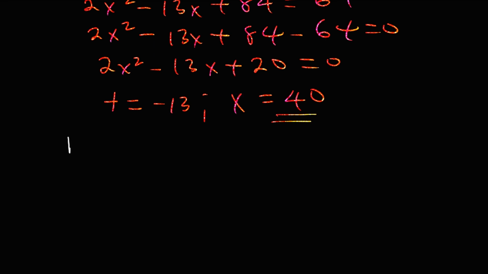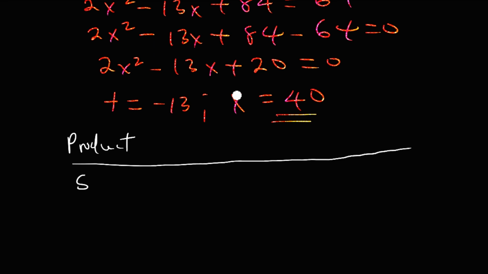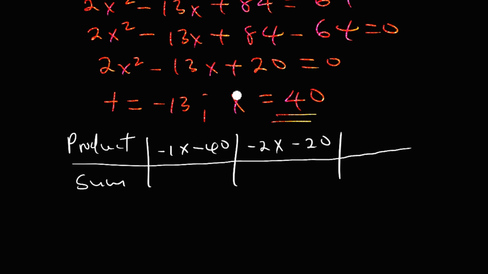So we want the product, and then we are also going to compare that with the sum. For us to get a sum of negative and a product of positive, it means these two numbers must be negative. So we start with negative 1 times negative 40, and then we go to negative 2 times negative 20, and then the next one is negative 5 times negative 8.